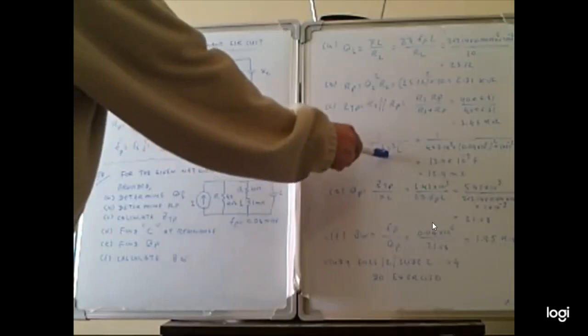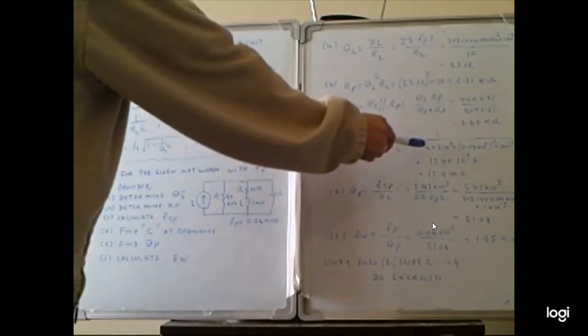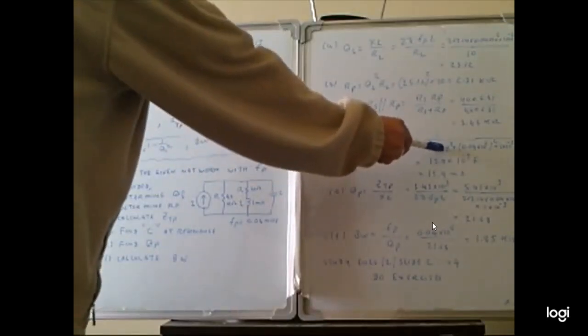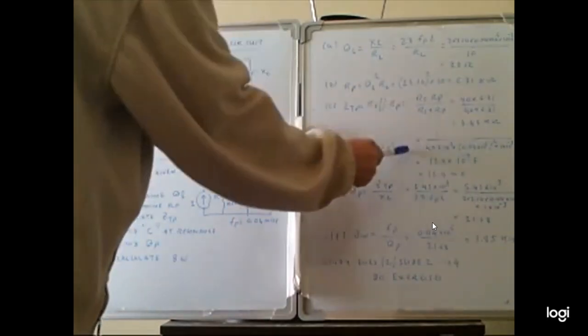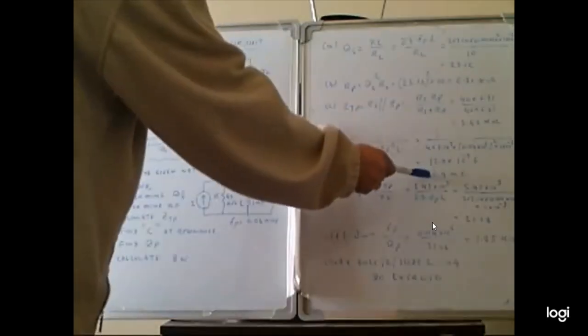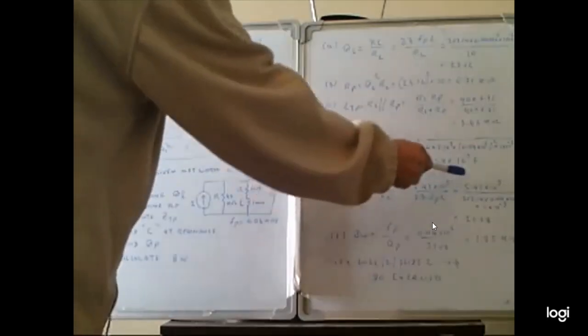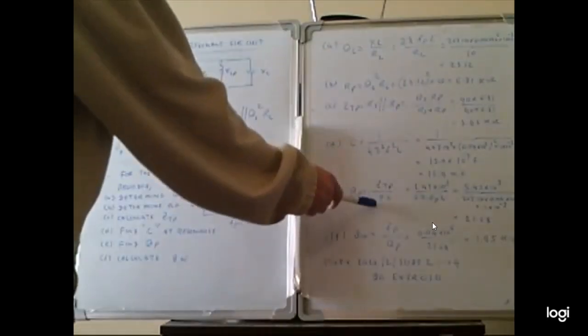Capacitance C, the formula is 1 by 4π square F square L. So 4 by 3.14 square, frequency 0.04 into 10 power 6 square, and inductance value 1 into 10 power minus 3. From calculation, we got 15.9 nanofarad. QP, the formula is ZTB by ωL.